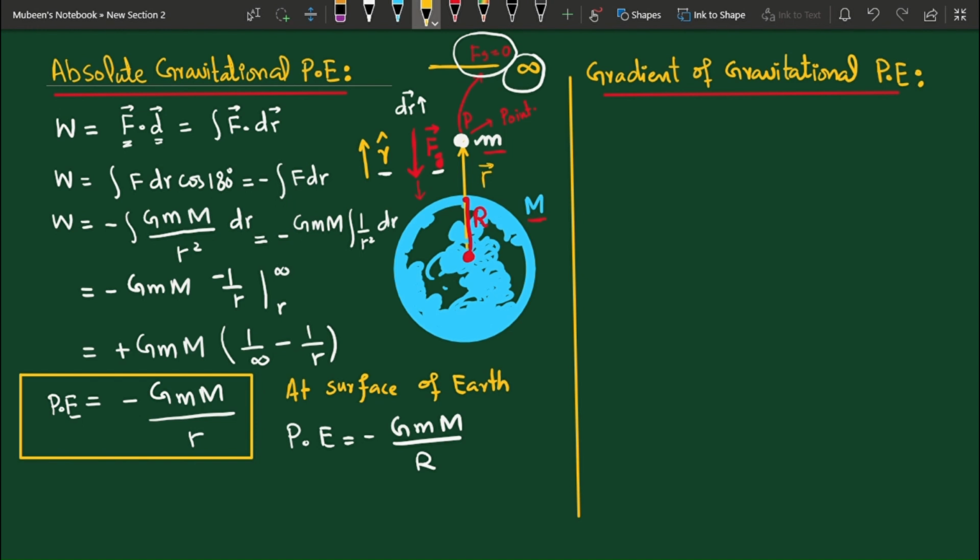Now we are going to discuss the gradient of gravitational potential energy.